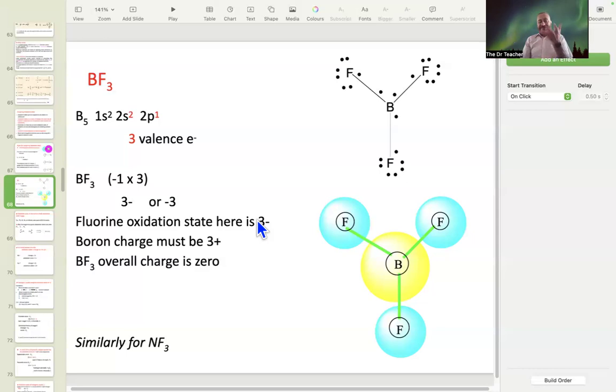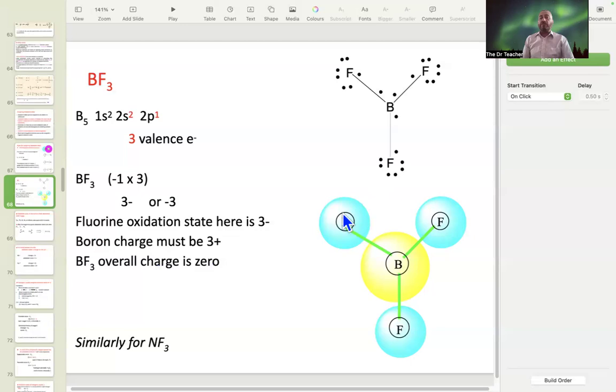Why? Because each fluorine gained 1 electron from the boron, so there are 3. Each fluorine is -1. 3 of them will be -3.